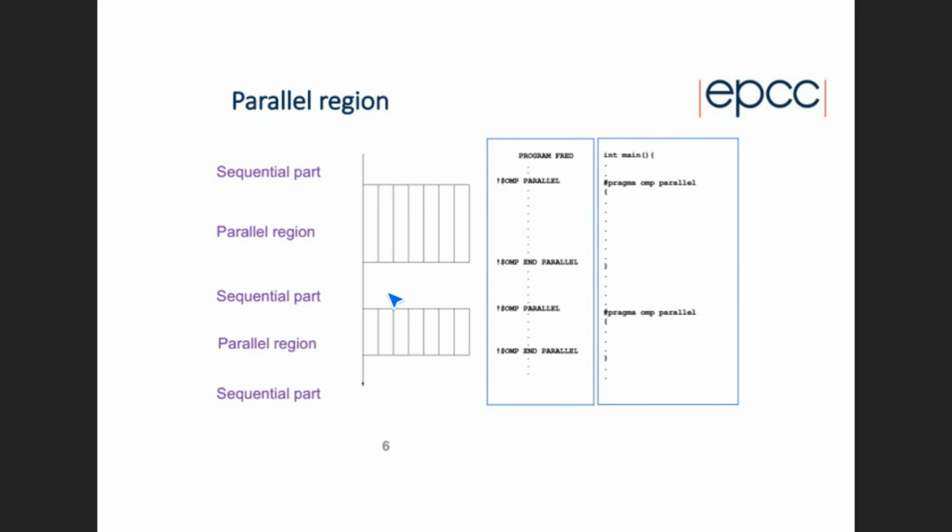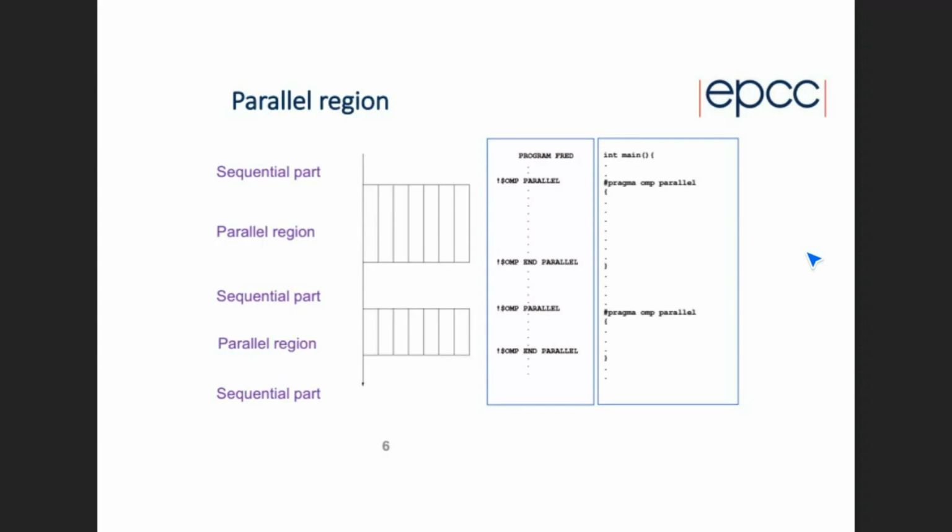I've been careful to say that what happens is that logically, the master thread creates a team of threads. But I also introduced this notion of a thread pool earlier. In practice, what OpenMP implementations really do is create a thread pool at the very beginning of the program, and then use that thread pool to execute every parallel region.